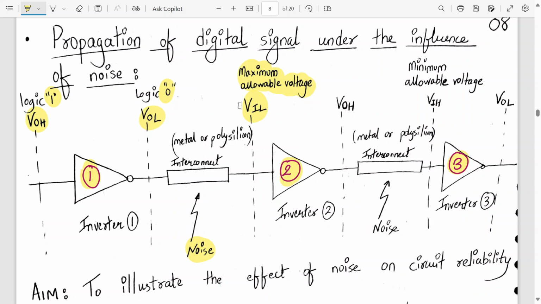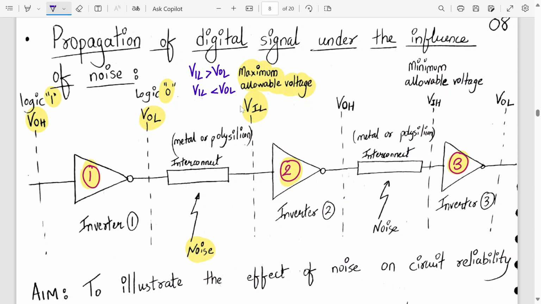Right? So the consequence will be that the voltage level at the input of inverter 2 will either be larger or smaller than VOL. This VIL can have two cases. It can be greater than VOL or it can be less than VOL. Which do we want? If the input signal of inverter 2 is smaller than VOL, is it good or bad?